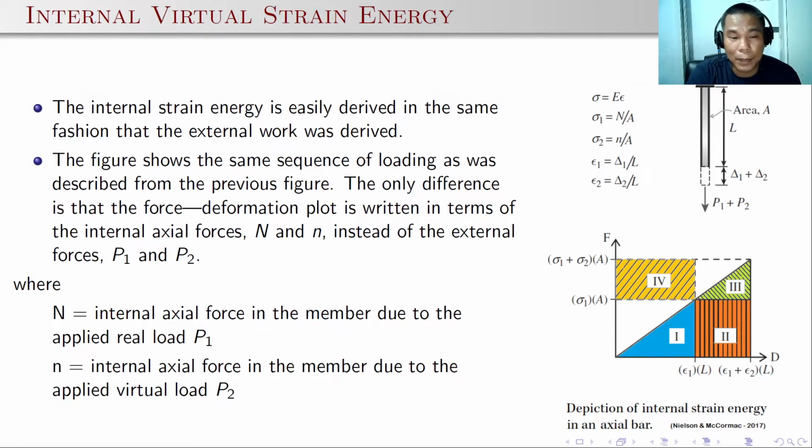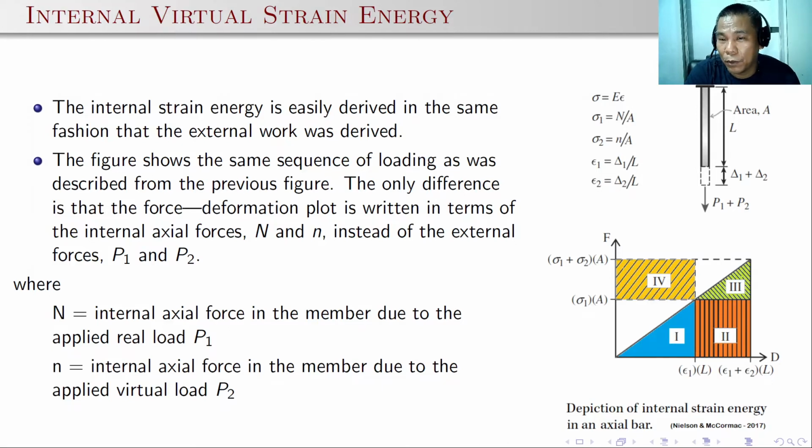As you can see, capital N is the internal axial force in the member due to the applied real load P sub 1, and small n is the internal axial force in the member due to the applied virtual load P sub 2. Take note, we will be using Hooke's law here, which is defined as sigma equals E times epsilon. Also, stress is defined as the force over the area, or the normal force N over the cross-sectional area A. That's sigma 1.